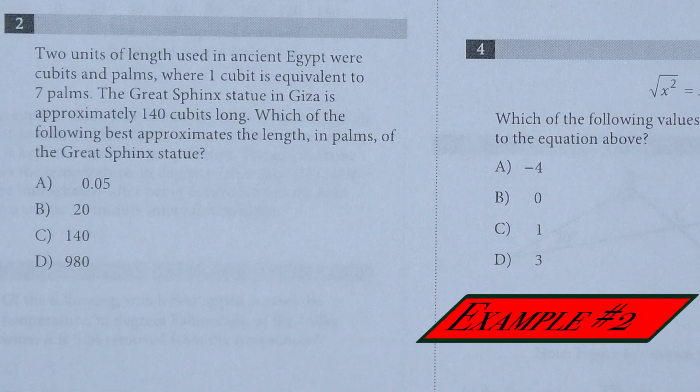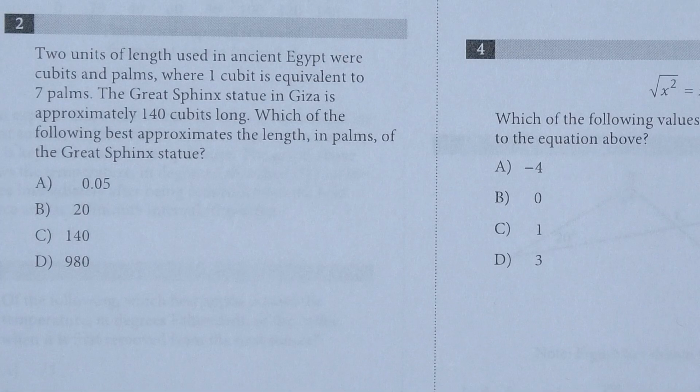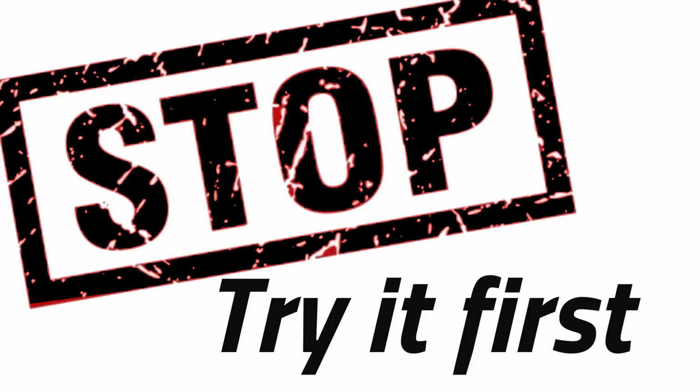2 units of length used in ancient Egypt were cubits and palms, where 1 cubit is equivalent to 7 palms. The Great Sphinx statue in Giza is approximately 140 cubits long. Which of the following best approximates the length in palms of the Great Sphinx statue?